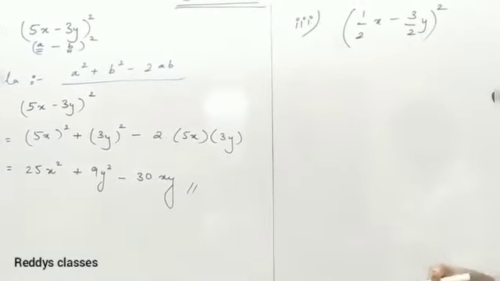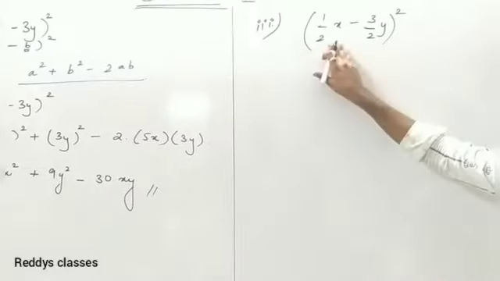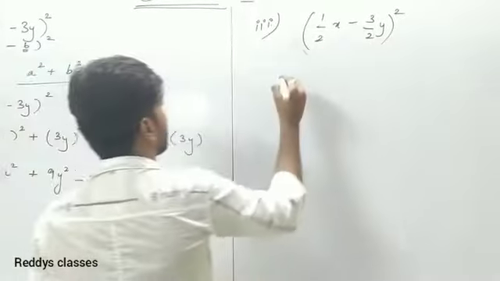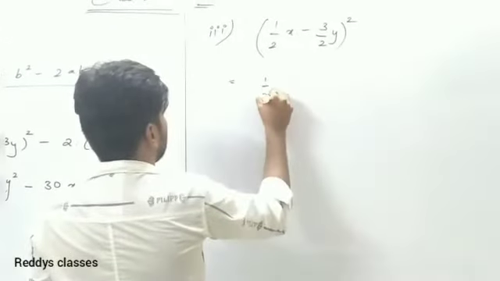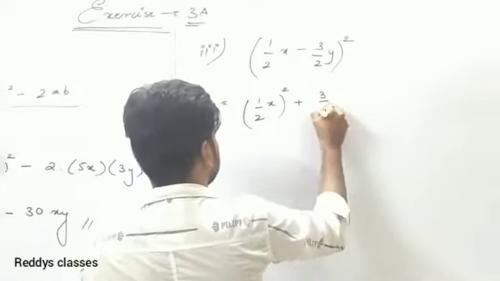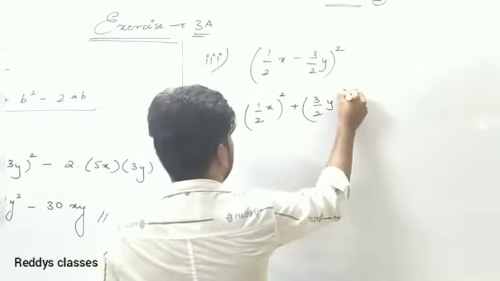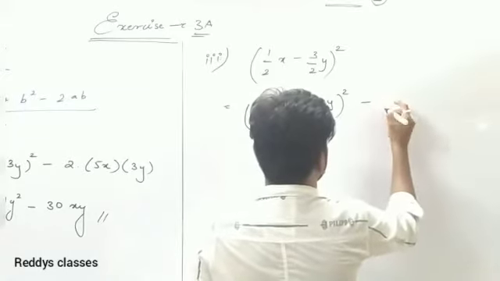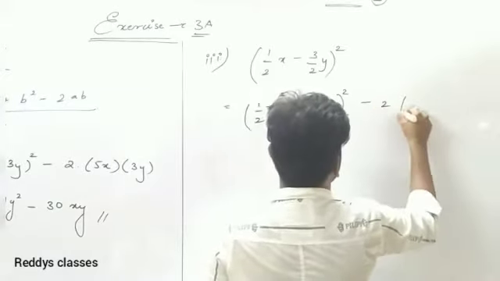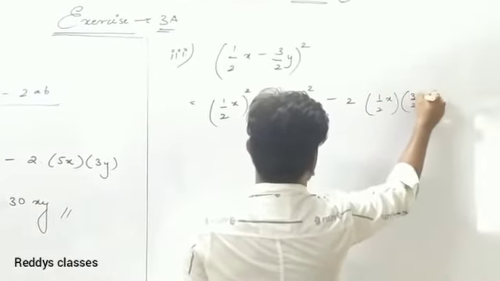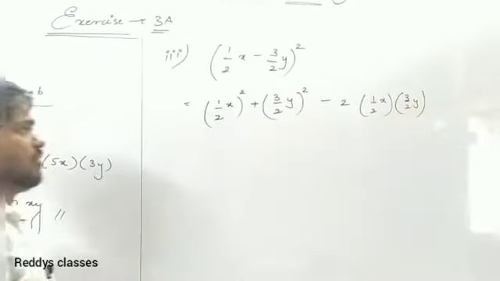The third question. What is given? We have the same formula, (a minus b) the whole square. Let us use the formula: a square plus b square minus 2ab.